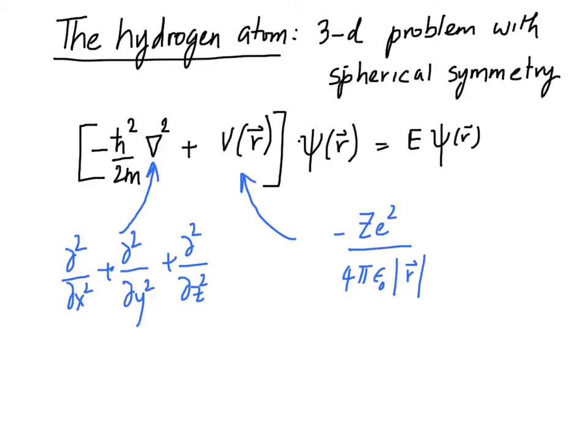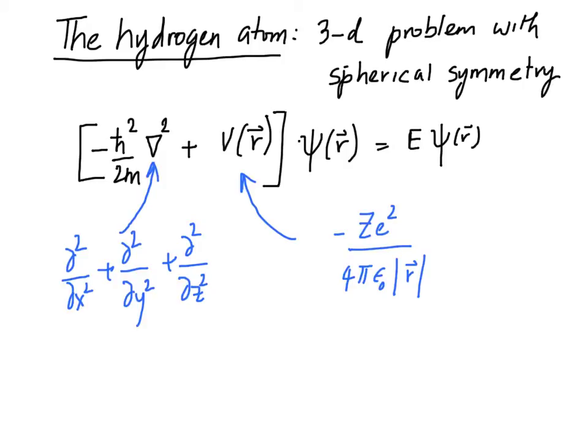I have just written down our original Schrodinger's equation, the time-independent Schrodinger's equation, and I've written down the pieces of the Hamiltonian as well in blue, right? So since this is a three-dimensional problem, our del squared operator is d squared over dx squared plus d squared over dy squared plus d squared over dz squared, right? So that reflects the fact that it's a 3D problem.